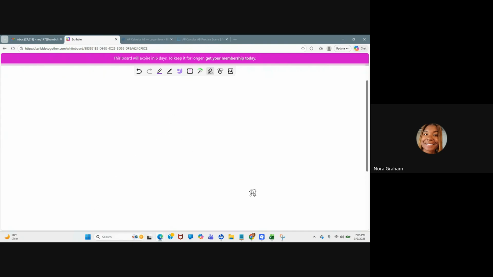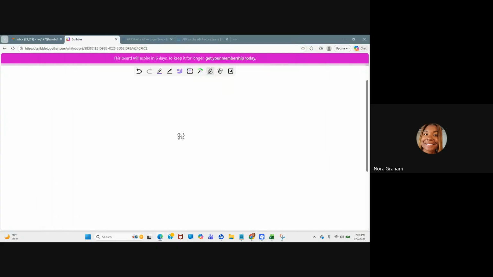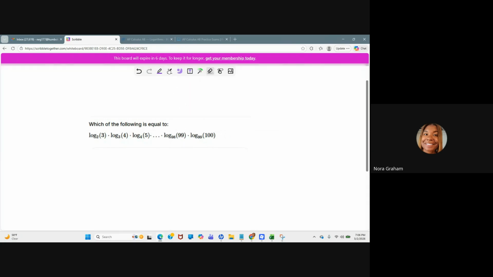All right, so for this one, which of the following is equal to log base 2 of 3, and so on and so forth? First thing I'm going to notice is I can write these differently, right? I can use the change of base.